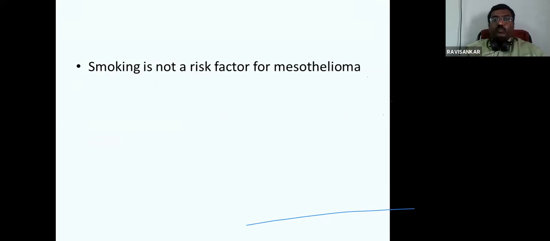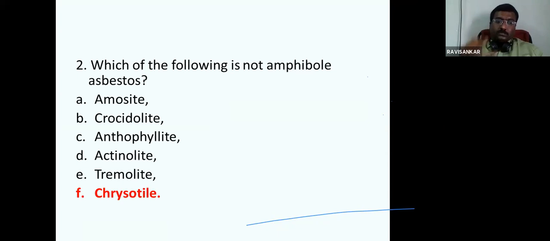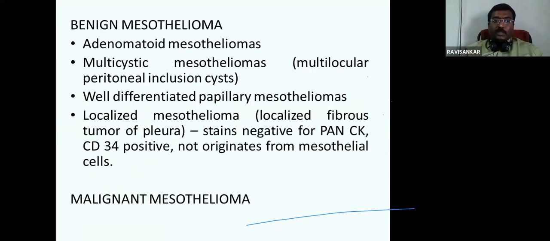Remember, smoking is not a risk factor for mesothelioma. There you have to remember that there are some benign mesothelioma also, which are known as adenomatoid mesotheliomas, multicystic mesotheliomas, well-differentiated papillary mesotheliomas, localized mesotheliomas can occur.